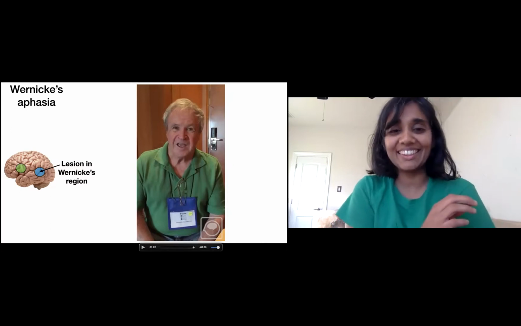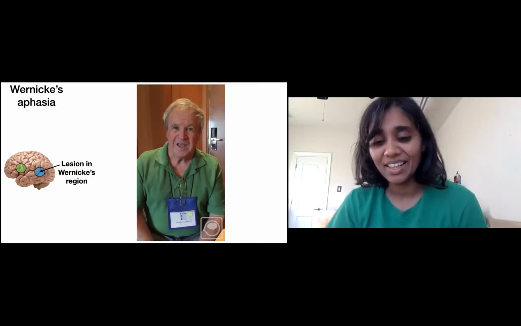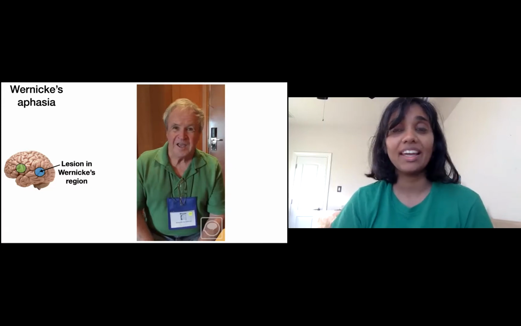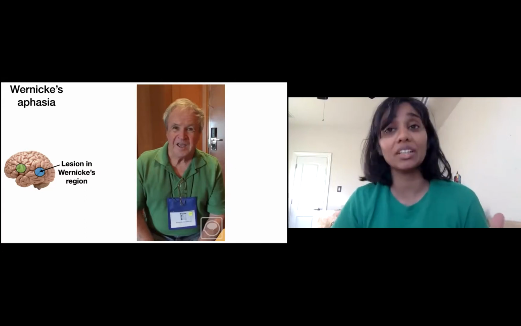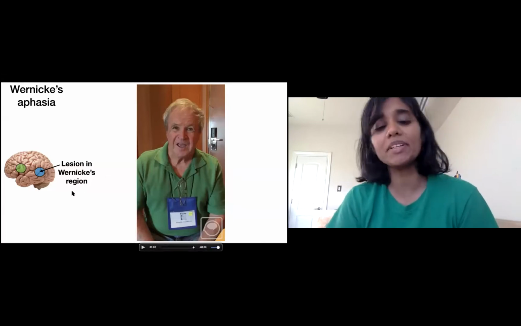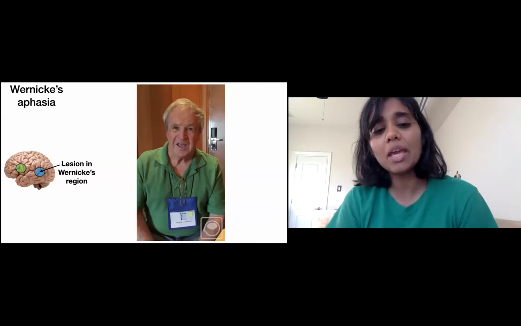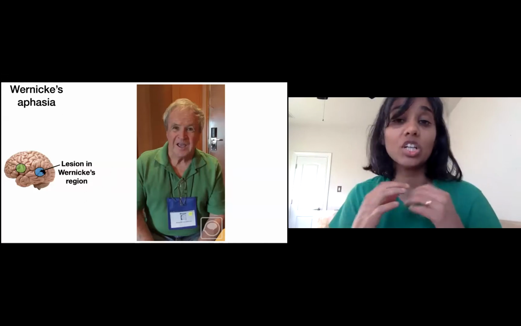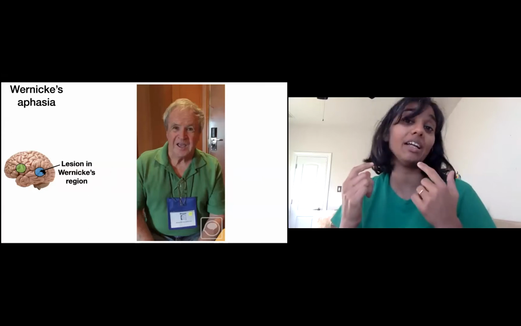Okay, so did you guys see the difference in the Wernicke's aphasia, where he is speaking pretty fluently but uttering gibberish? So back in the day, people started thinking that maybe the Wernicke's region is where language comprehension occurs. That's where you understand language.